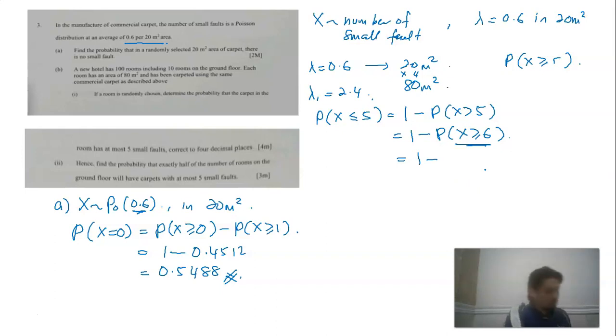Poisson for 2.4, turn to page 12 again and find 2.4 here, with X greater than or equal to 6, which is 0.0357. So 1 minus 0.0357 gives you 0.9643.